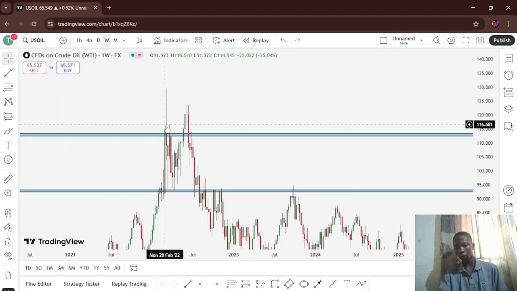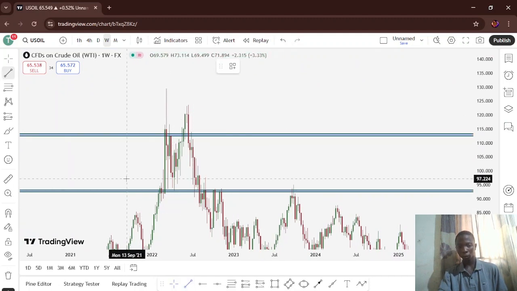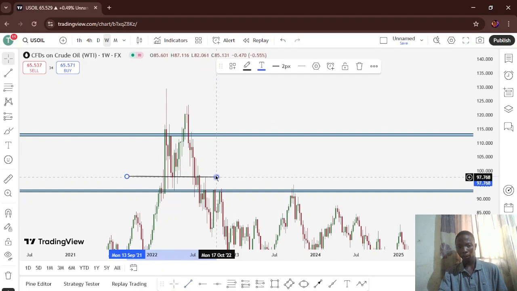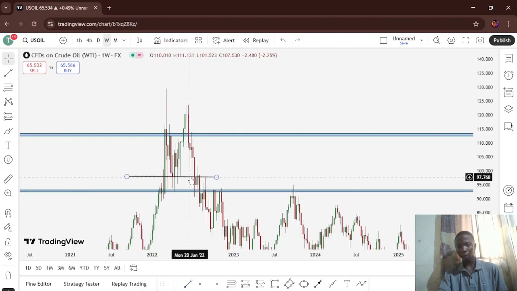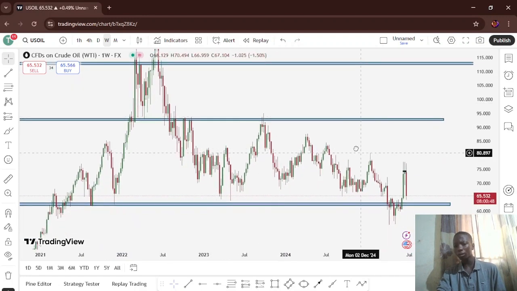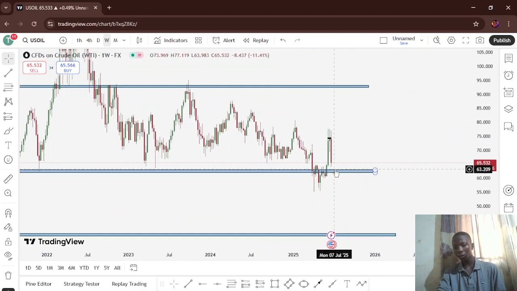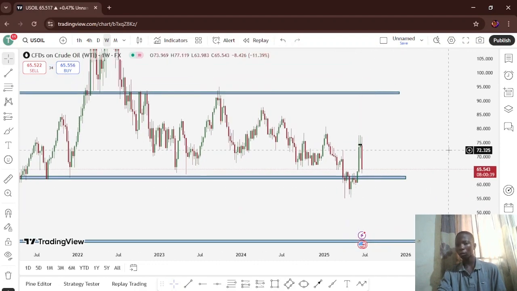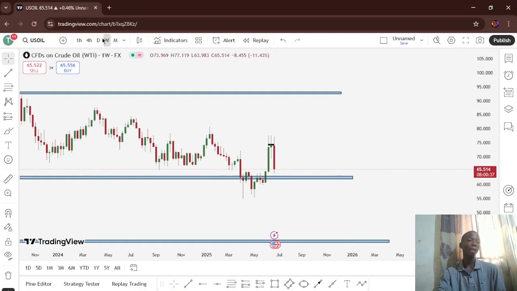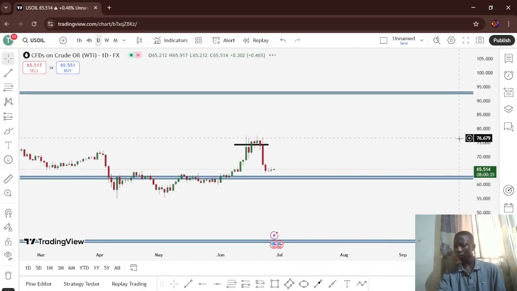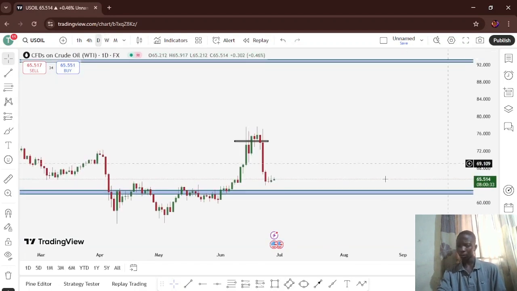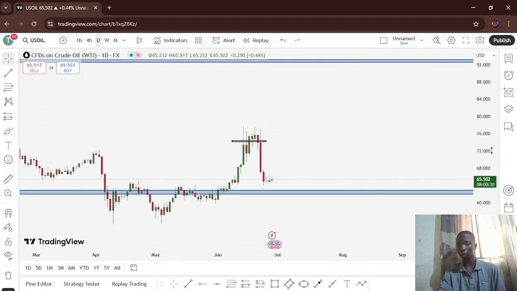It's like a double top here now, so you guys can see.